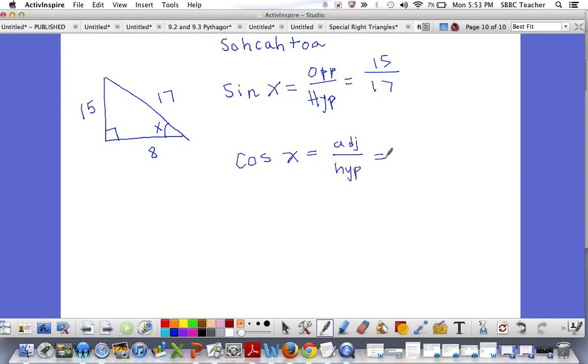So the cosine of x is 8 over 17. And then we have the tangent of x, and that's opposite over adjacent. And that's 15 over 8.